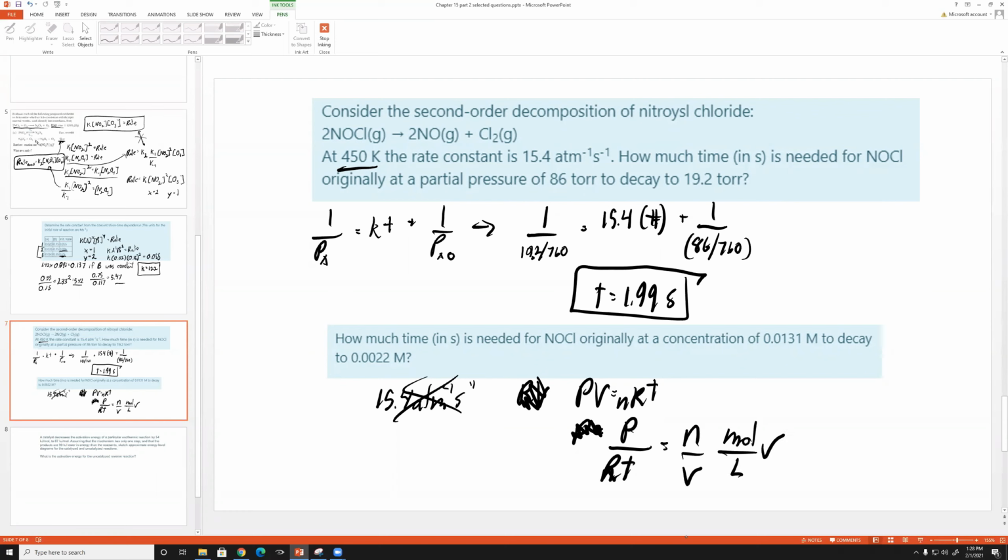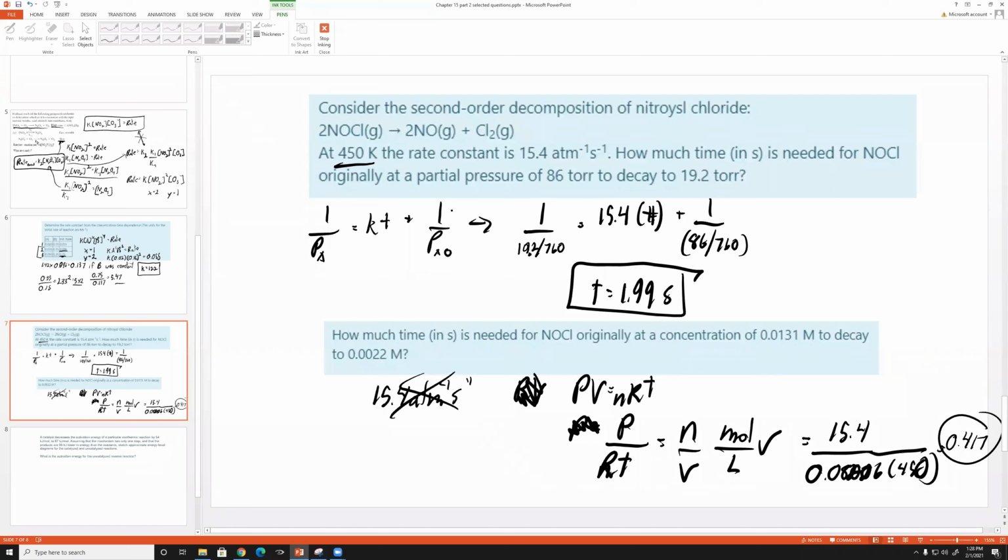That's exactly what we need. We need molarity. So what we can do is P over RT, which would be 15.4 divided by 0.0806 times our temperature, which is 450 Kelvin, 0.417. So that's going to be our new rate constant. It's 0.417 molar per second.